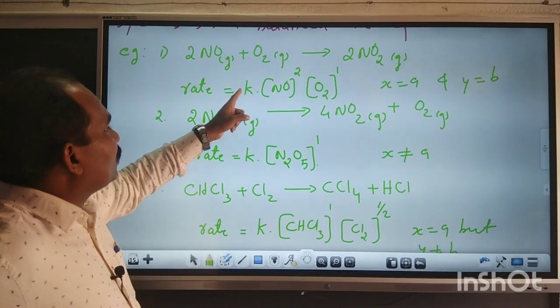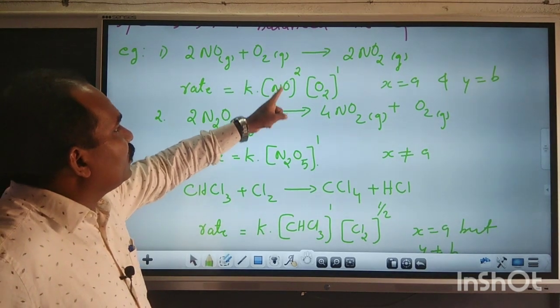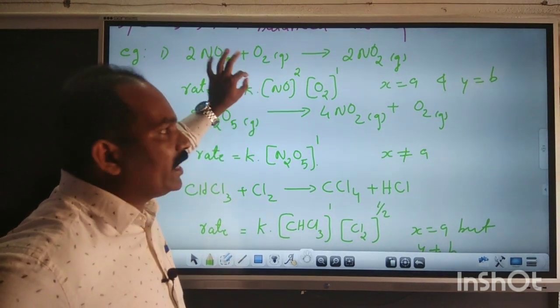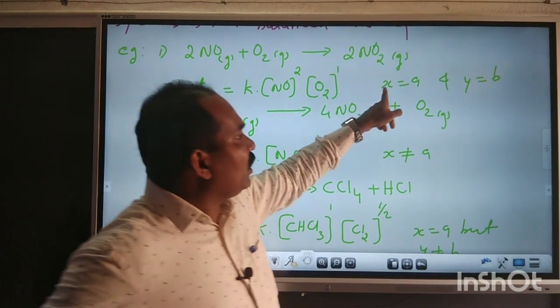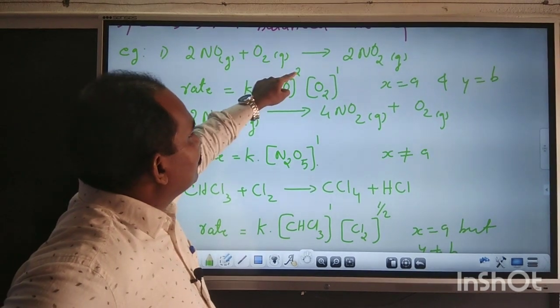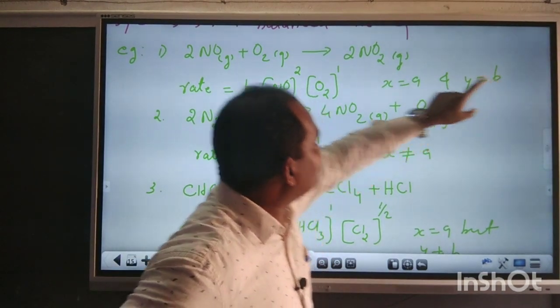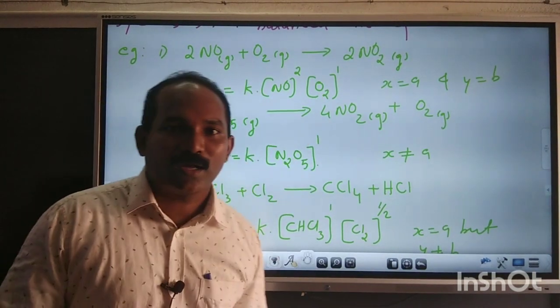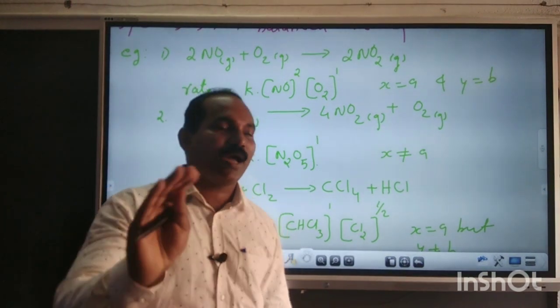So rate is equal to k into NO raised to 2, O2 raised to 1. Here in this example, a and x are the same, and y is the same as b. So here x and y are the same as a and b.